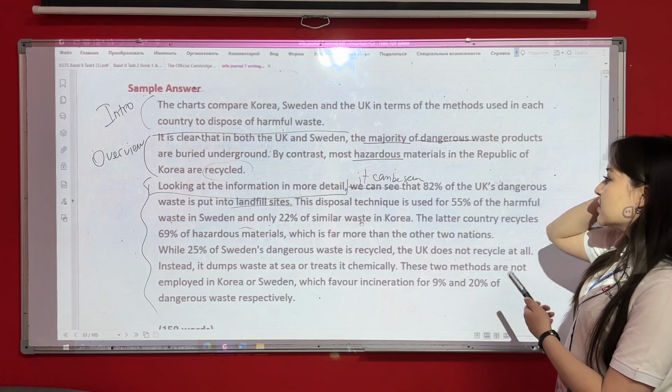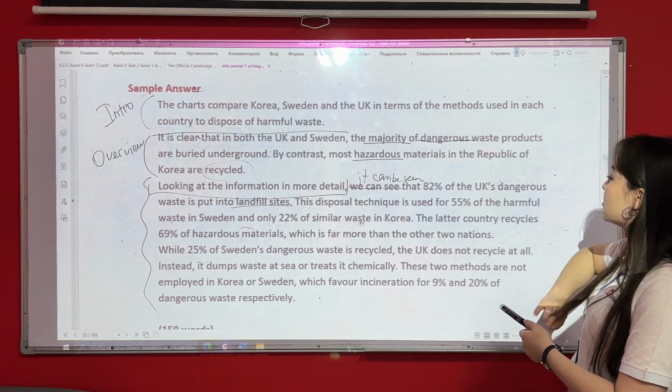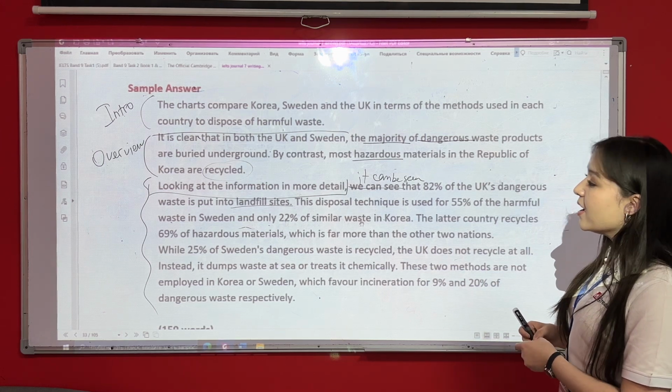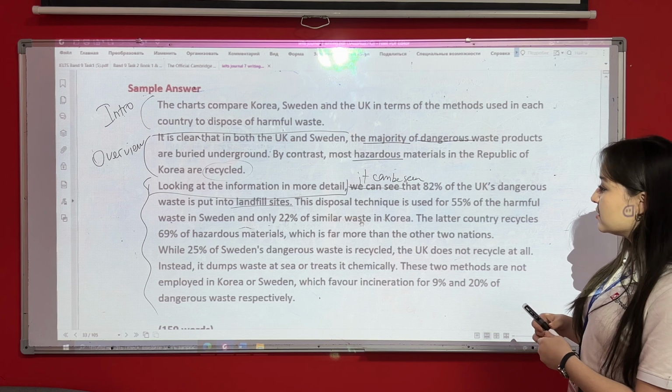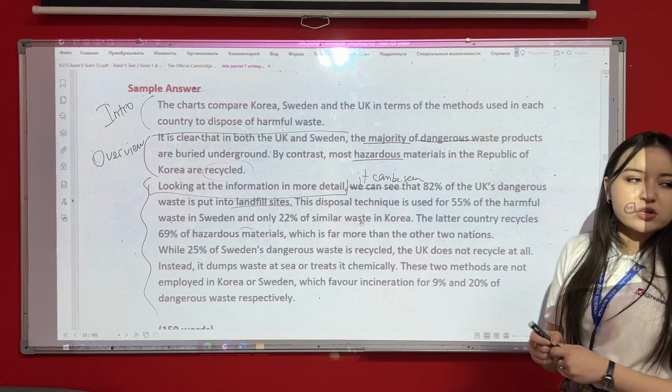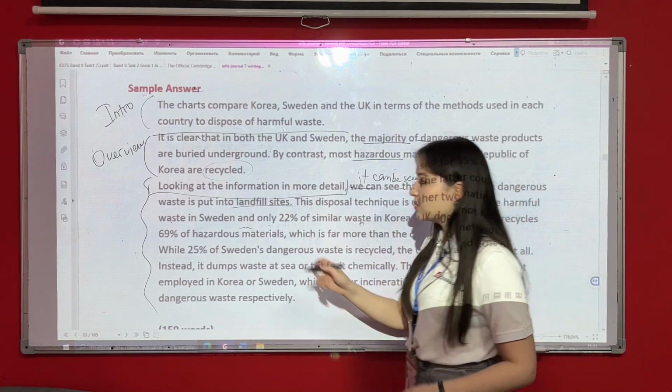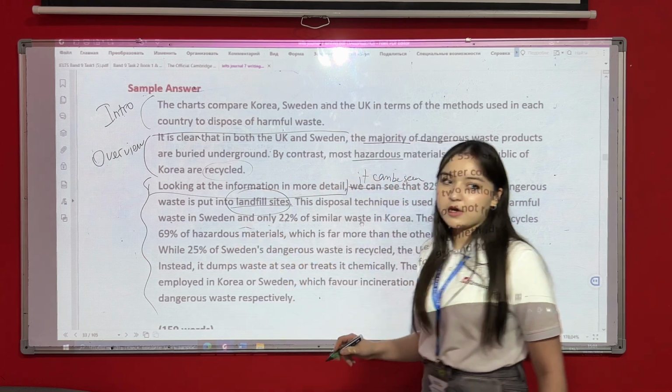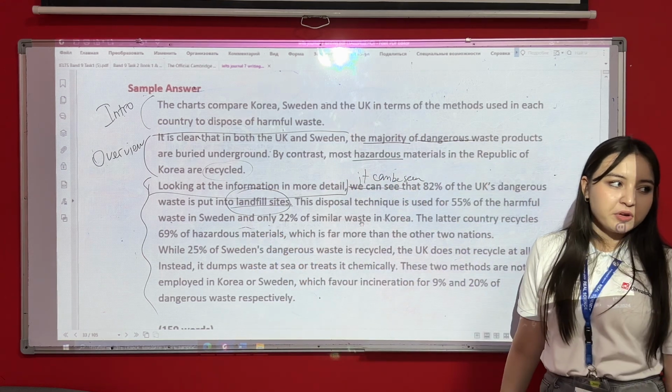Okay, the disposal technique is used for 55% of the harmful waste in Sweden and the only 22% of similar waste in Korea. So it means that we were talking here only about underground. Yes, about burying underground.